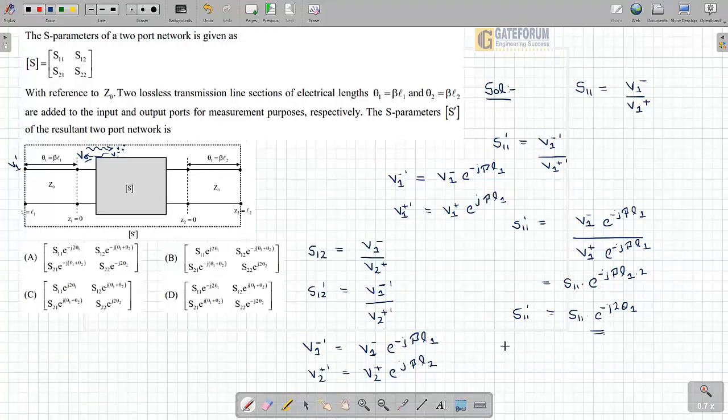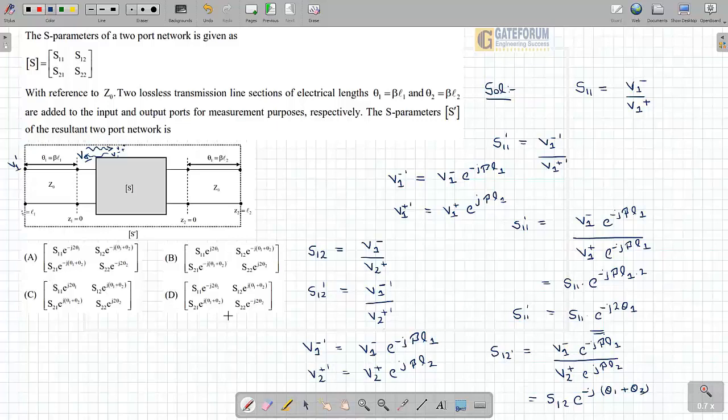If we substitute in this, S12 dash is V1 minus e to the power j beta L1 upon V2 plus e to the power minus j beta L2. Taking the ratio of this, you will get S12 e to the power j beta L1 plus beta L2.